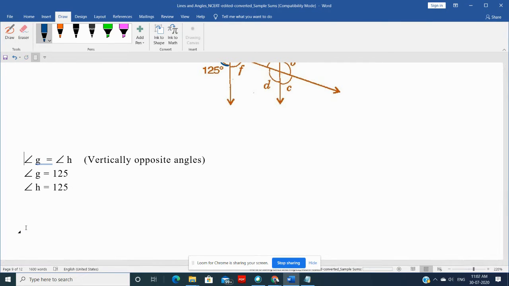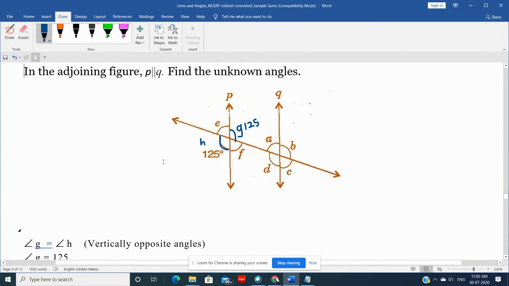Okay, now see, the next is, whenever you are given this type of sum, always try to find out linear pair. Now we know what is linear pair. If two angles are on the same line, they make linear pair. In this case, if you take this line, then this H and E, they are making linear pair.